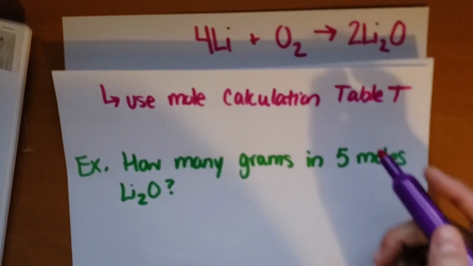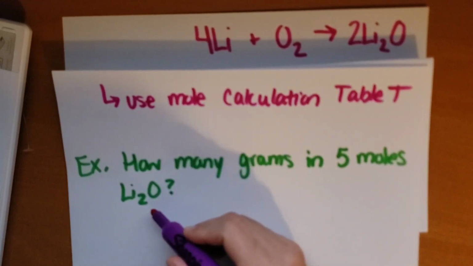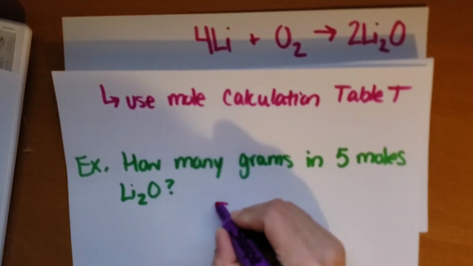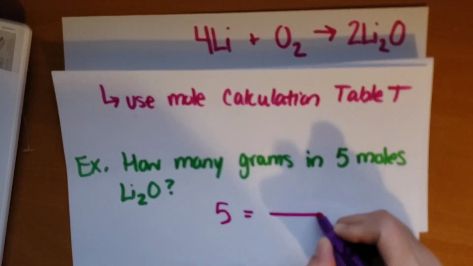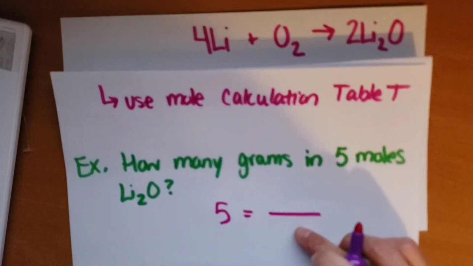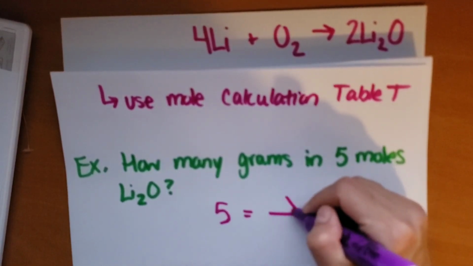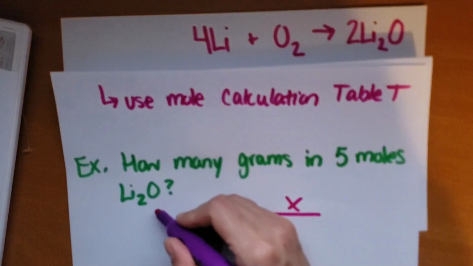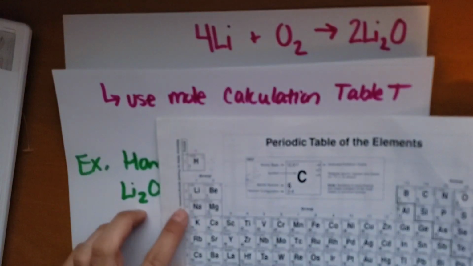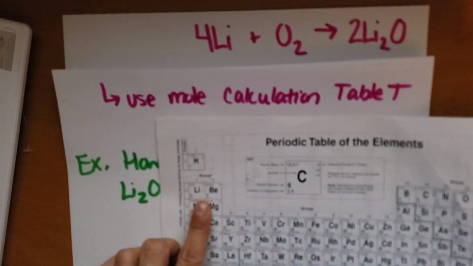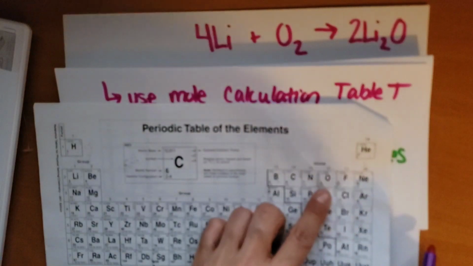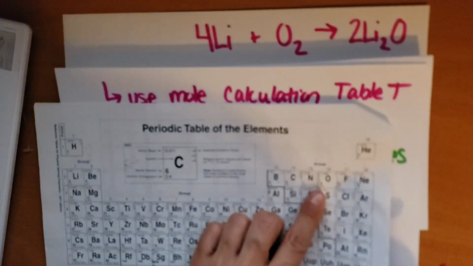So let's see what we can substitute here. In this question, we know that we have 5 moles of lithium oxide. So that is the number of moles. So 5 is equal to a given mass over a gram formula mass. Well, we were not given a mass, but we can figure out the grams of the formula by using our periodic table. In lithium oxide, we have lithium, which has a mass of 6.9, and oxygen, which has a mass of 16.